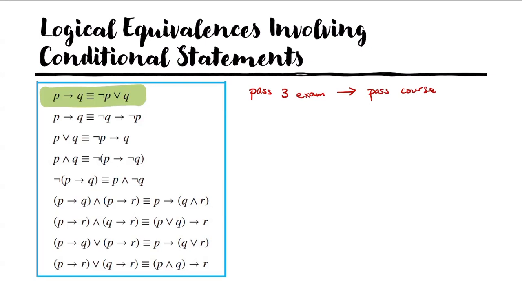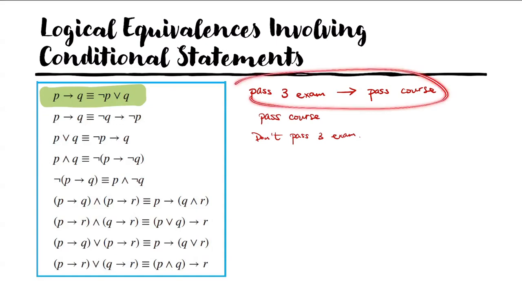Because what are all the possibilities here? The student passes all 3 exams, which means they pass the course. Or they don't pass the 3 exams, and if they don't pass all 3 exams, then anything could happen.